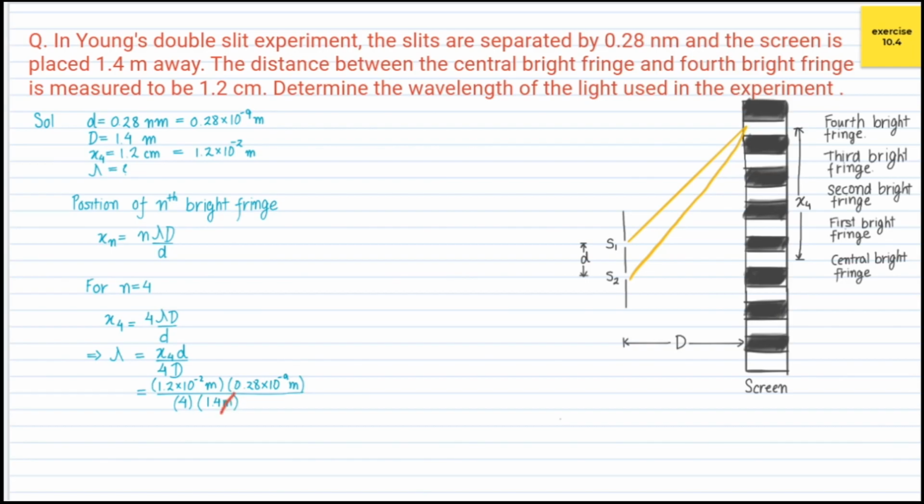This meter gets cancelled. You are left with meter. So the wavelength is measured in meters, as we already know. So dimensionally, this is correct. I'll write down first 1.2 times 0.28 equals 0.336, and your 4 times 1.4 is 5.6.